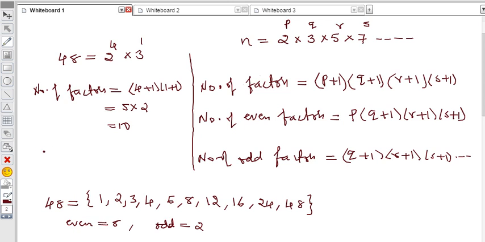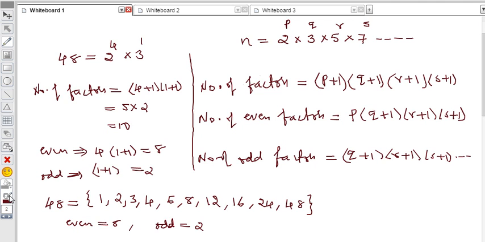So here, even factors: the power of 2 is 4, which we take only once. The remaining powers we add 1: 1 plus 1. So 4 into 2 is 8. Odd factors: we shall not take the 2 power value. The remaining power is 1, to which we add 1, so that is 2.